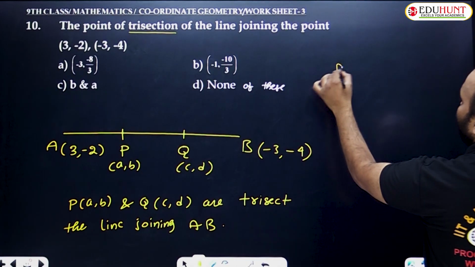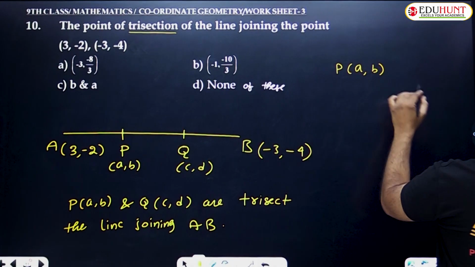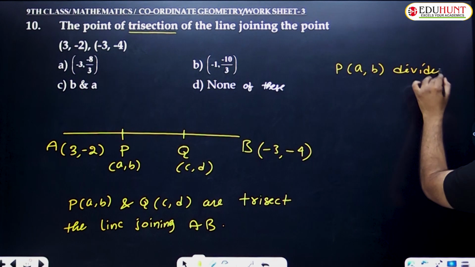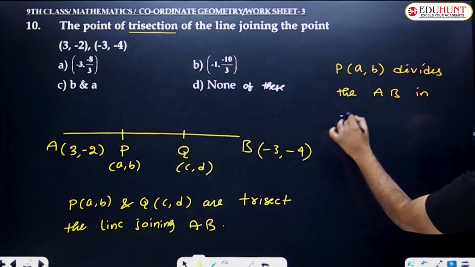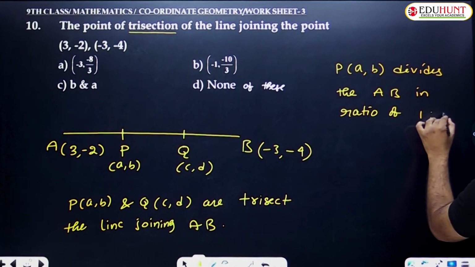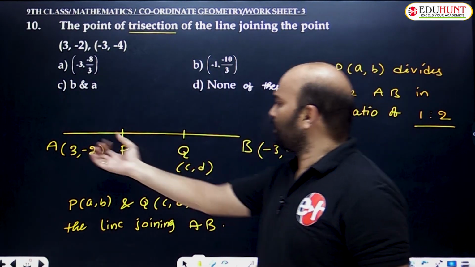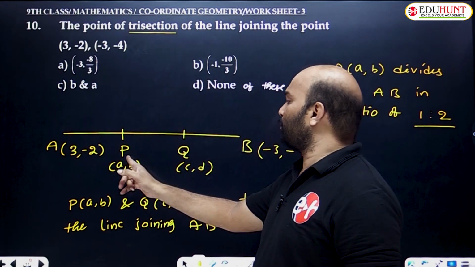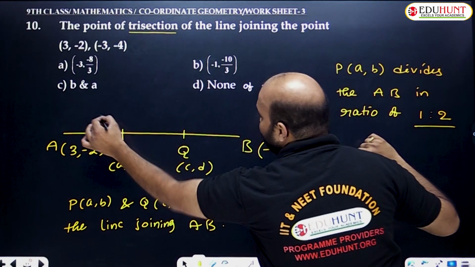So firstly P, with coordinates (a, b), divides AB in the ratio of 1:2. This is a very important thought. P and Q trisect A and B, and first P divides the AB in the ratio of 1:2.